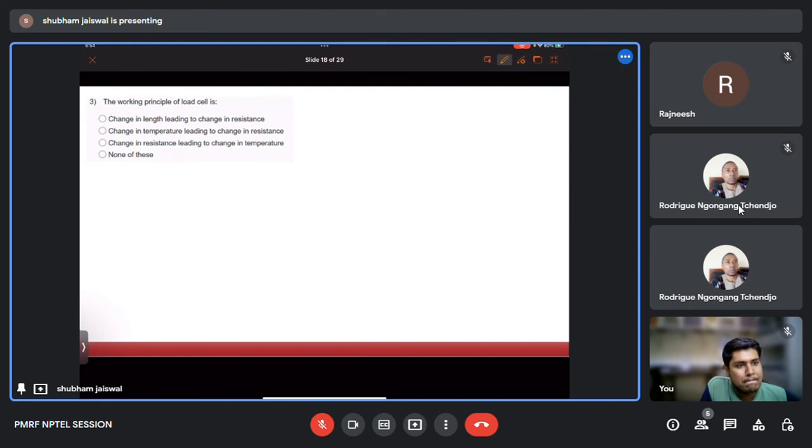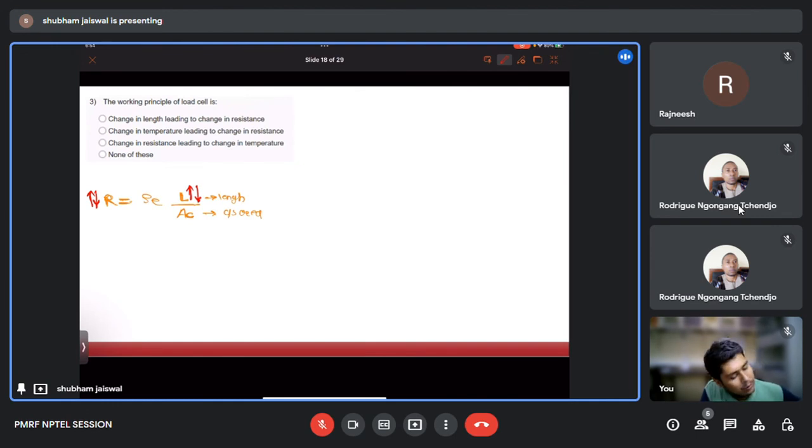Okay. Let's see the load cell. If we write the resistance equation in terms of the length and the cross-sectional area, we can see from this equation that the change in length changes the resistance of the material.